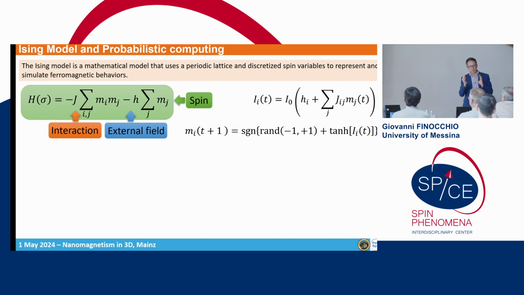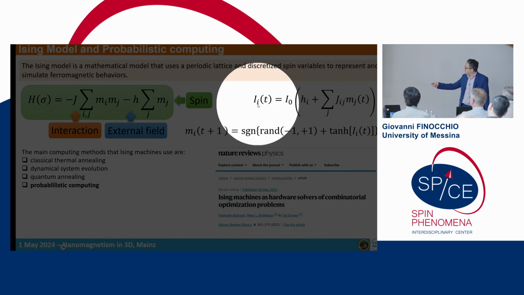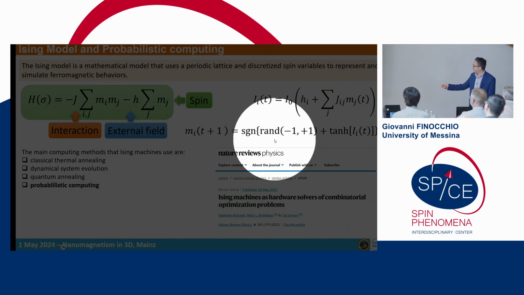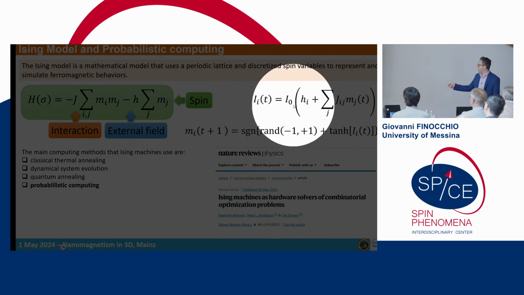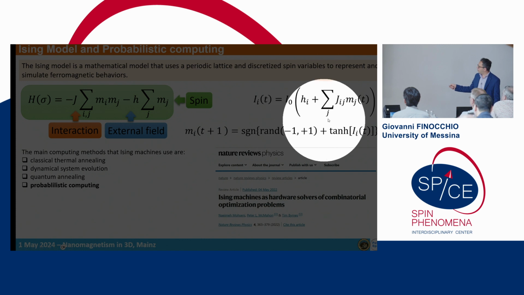So the search is focused in a smaller subspace. And of course, you can do this in different ways, and this is how we do it with probabilistic computing. We have the update equation of the state, which depends on a random number and some nonlinearity, which is basically given by a MAC operation.